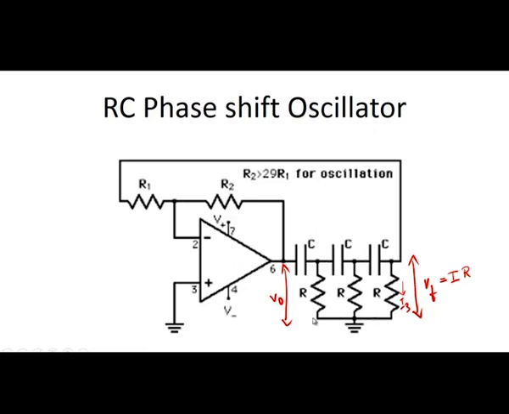This is the feedback network here. These 3 RC stages give you the feedback network, where we can calculate beta. Beta is the output voltage divided by the input voltage. Here for the feedback network, the output voltage is Vf, and the input voltage is Vo. This is the input, this is the output. To calculate the gain of the feedback network, that is beta, it is the output by the input, Vf by V naught.